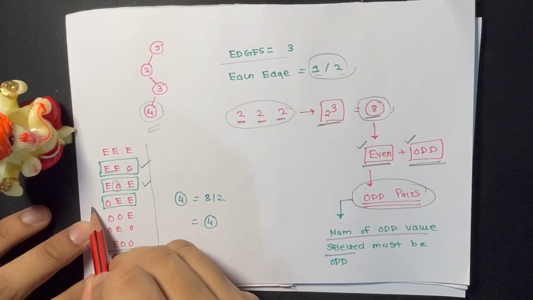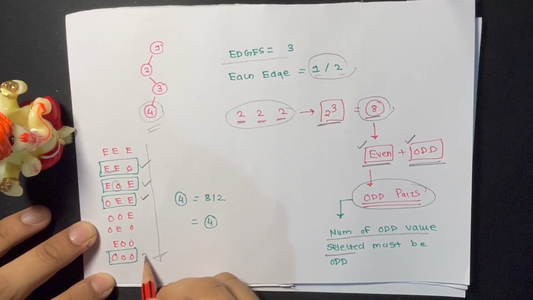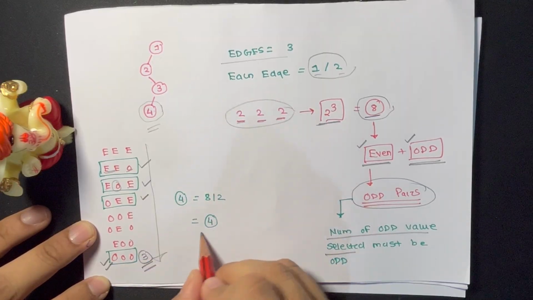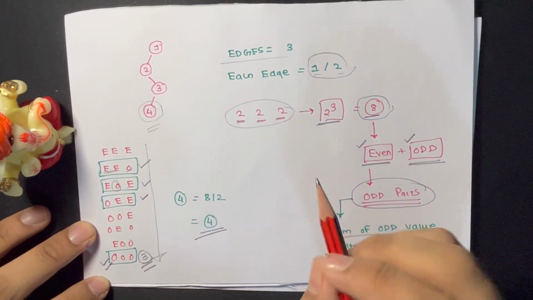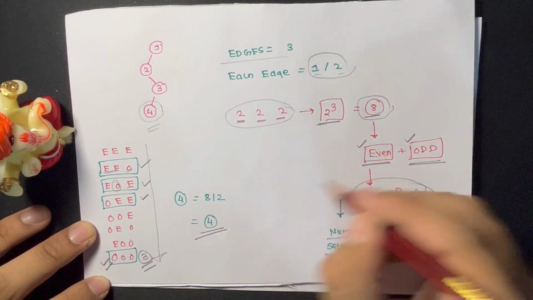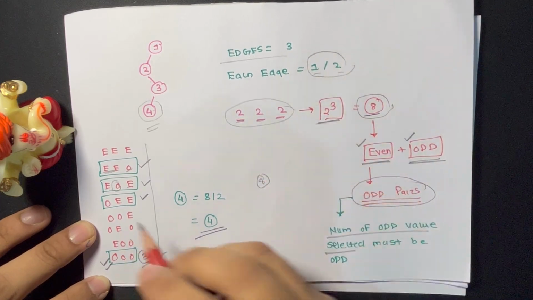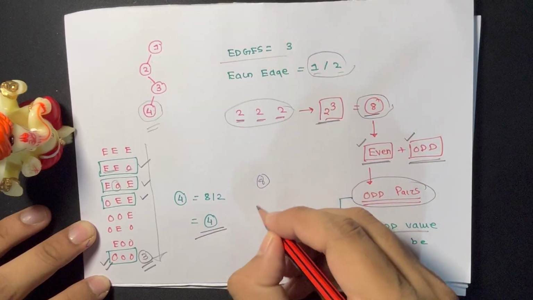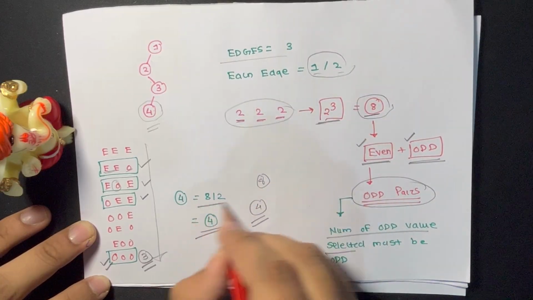Similarly here there is one odd number, so we get an odd answer. Here 3 odd numbers, so we will get an odd answer. So the total number of odd answers is equal to 4. Now if you see, the total of even plus odd was 8, and the total number of combinations giving odd as the answer is 4 only, right? So it's just 8 by 2.